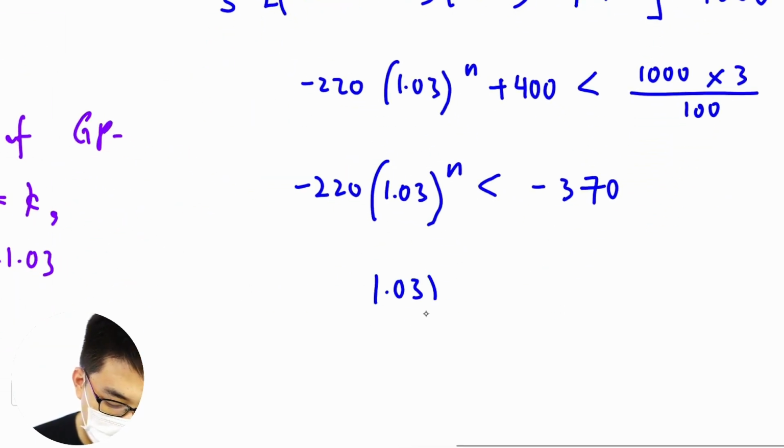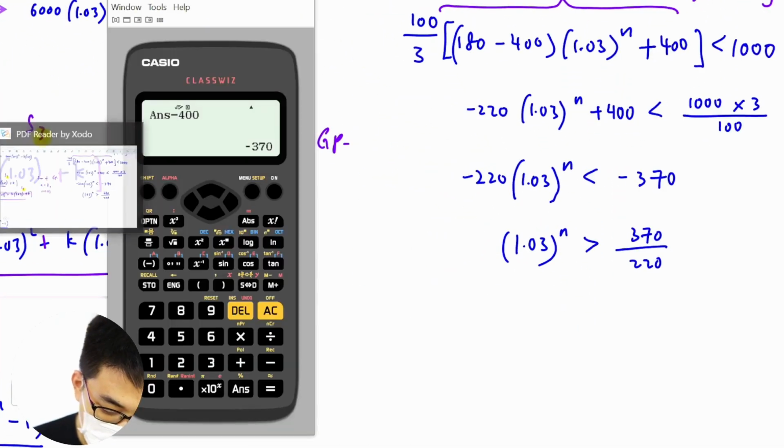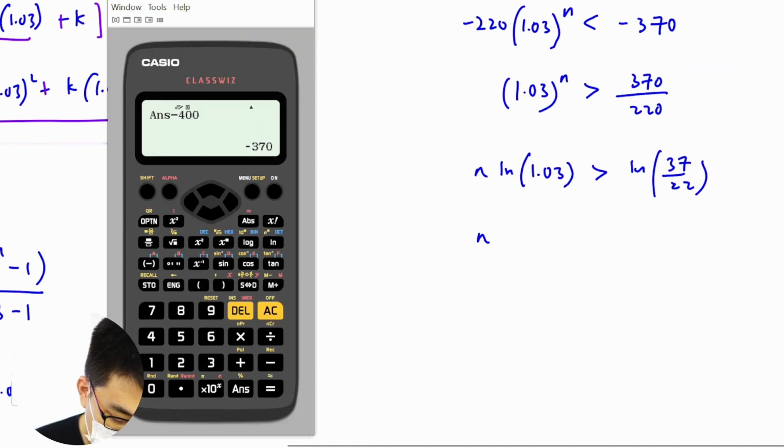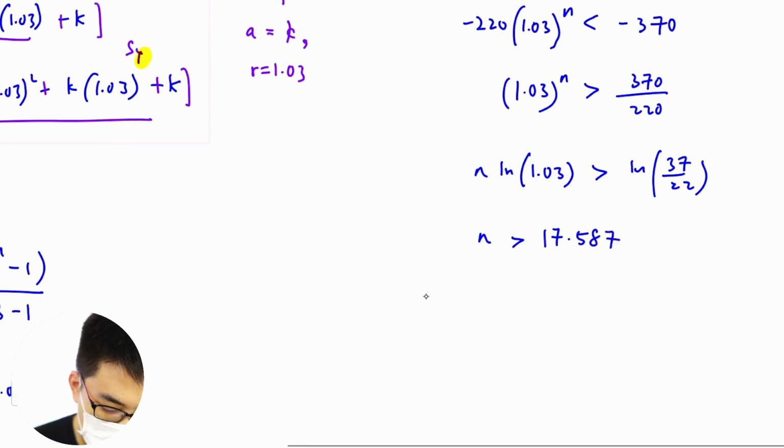So 1.03 to the n, and flip the sign, negative 370, then this will be ln, then divide. Least n is 18, right?